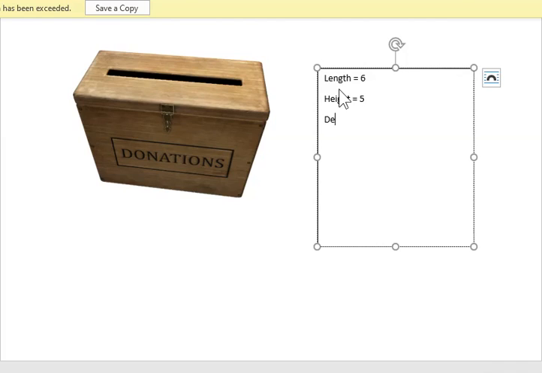And the depth is 4 inches. So I want you guys to pause this video and tell me what the surface area is and what the volume is. And when you come back, we will get right into it.